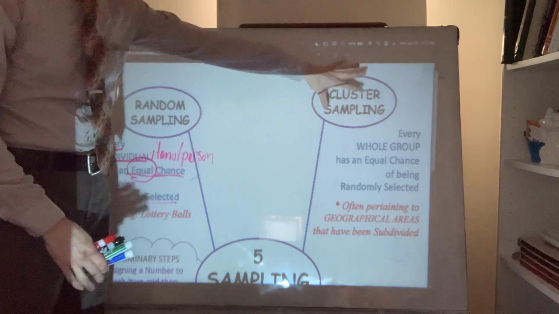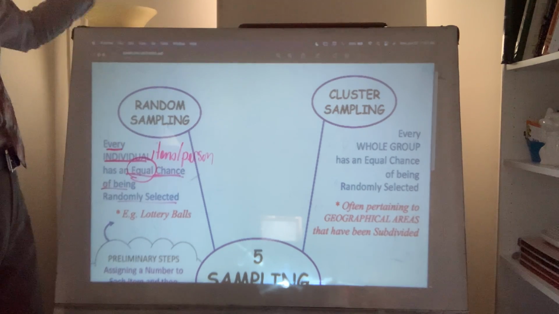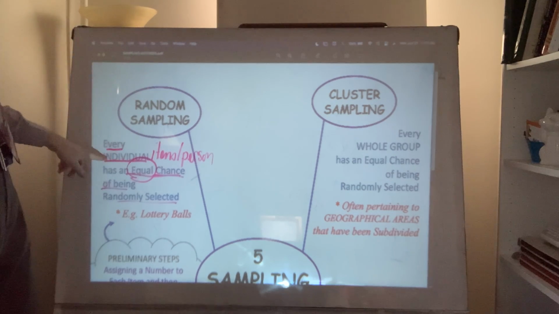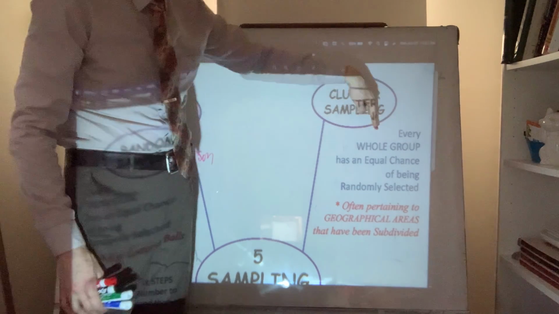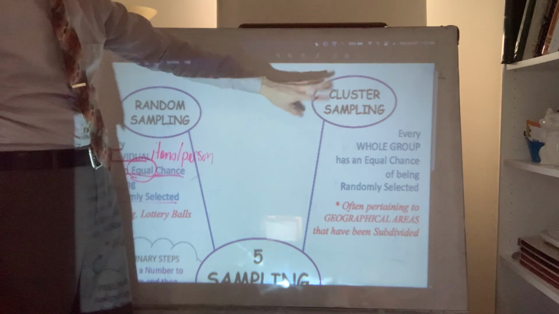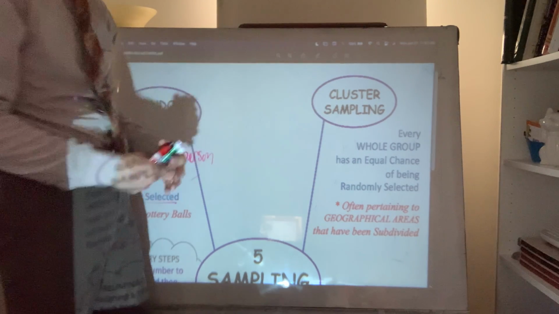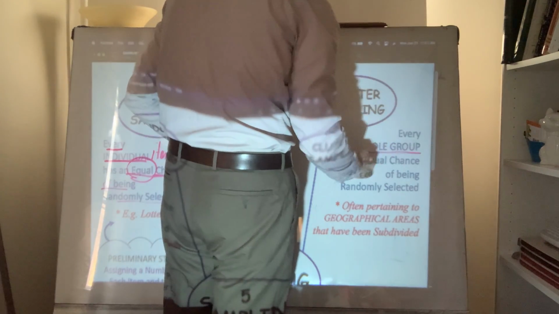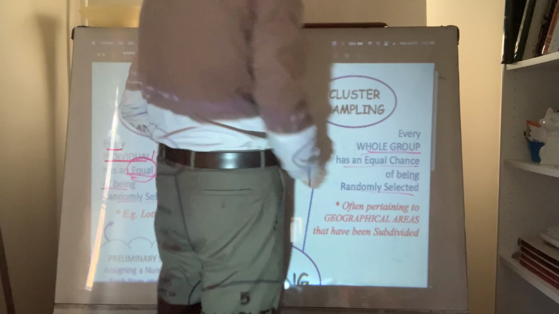Cluster sampling, I put this here because it is similar sounding. It's not when you're talking about individuals so much as you're talking about whole groups. So you can identify cluster sampling by that phrase: every whole group has an equal chance of being randomly selected.